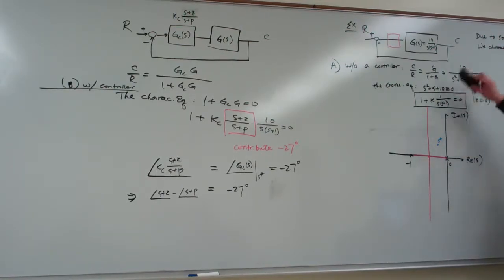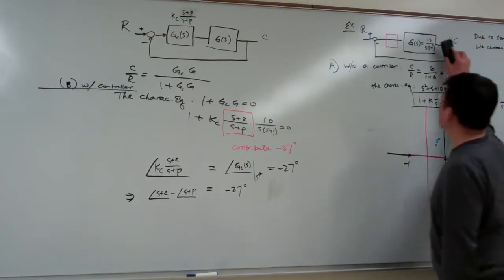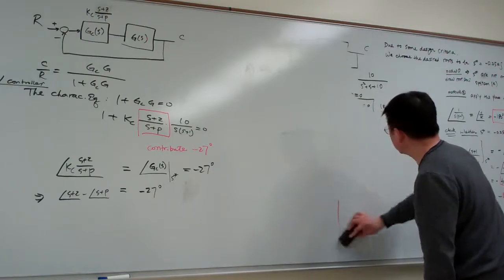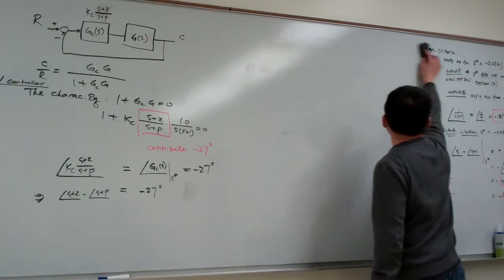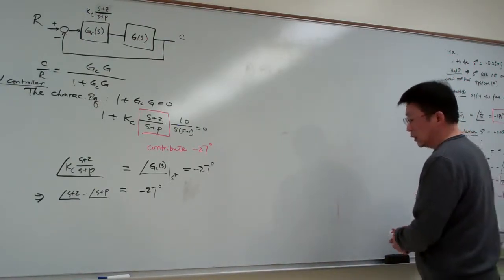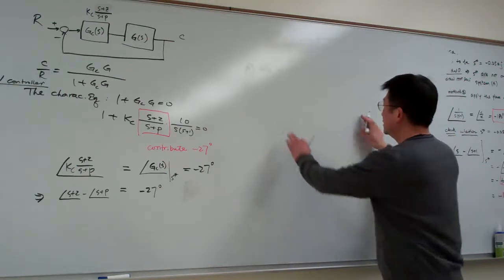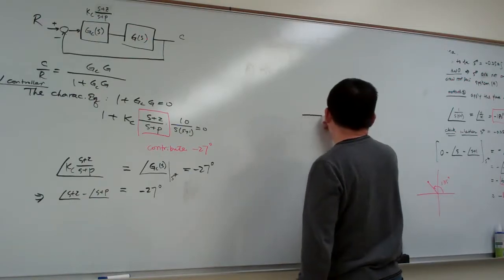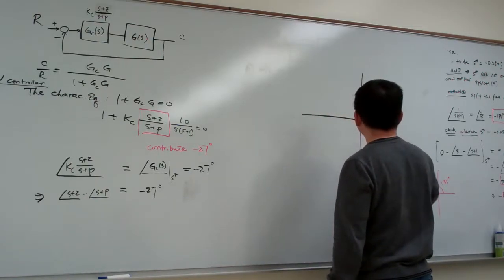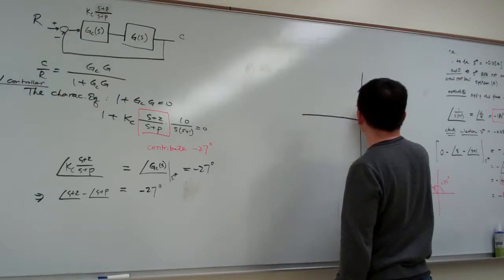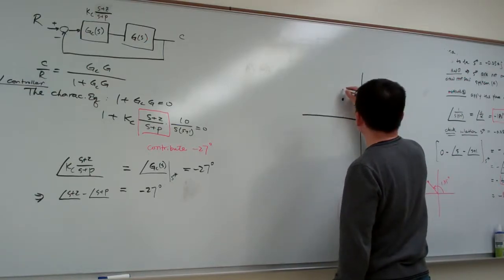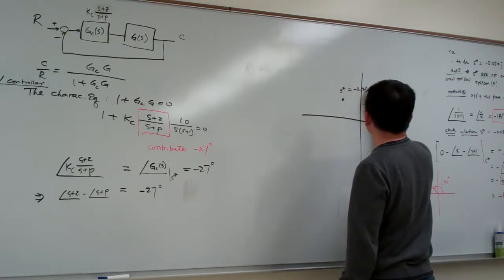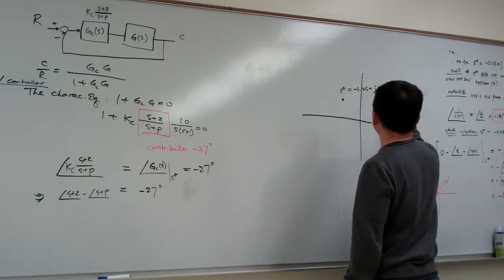I erase those portions; they won't be important anymore. So now we stick with this one. Let me say this is the desired s star, equal to minus 0.25 plus j0.25 here.